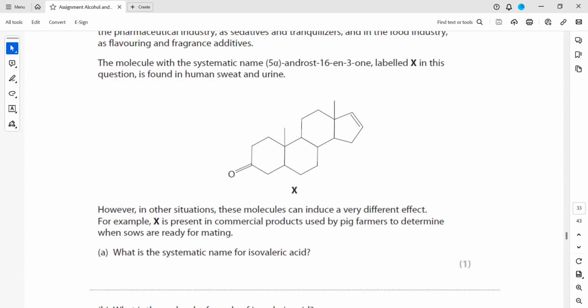When you check the groups which are present here, the answer is actually there in the question itself. As you can see, there is a C double bonded to O, a carboxylic acid group, in this compound.